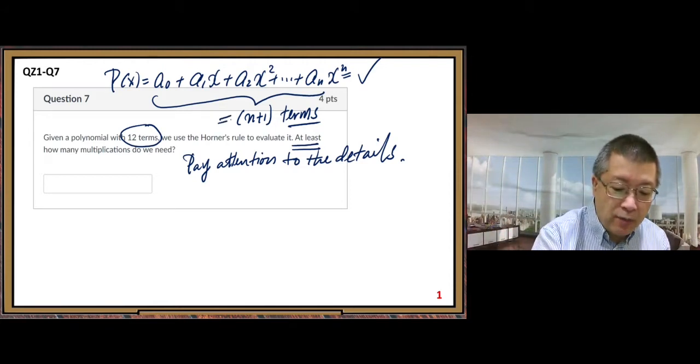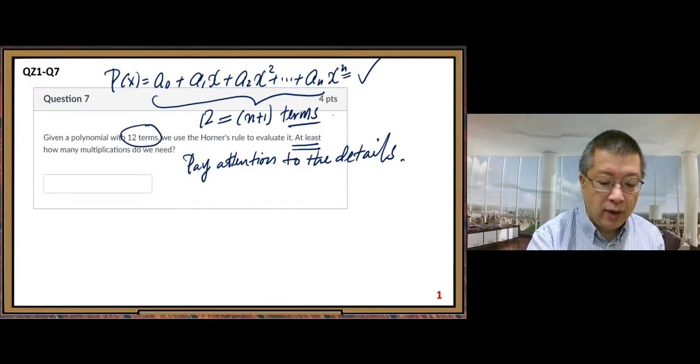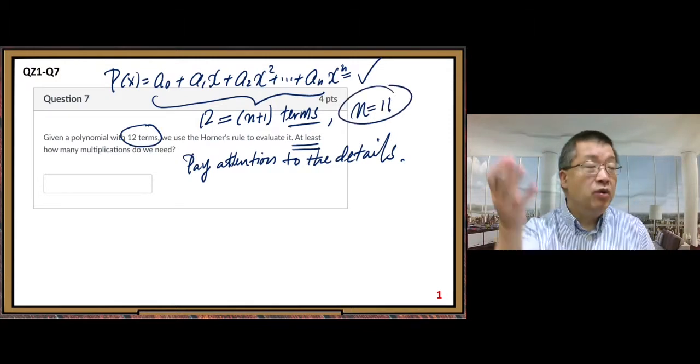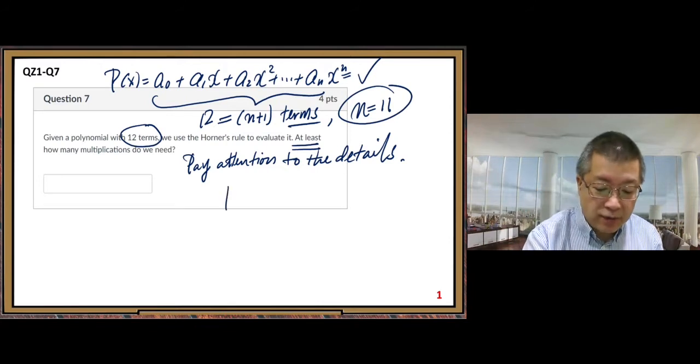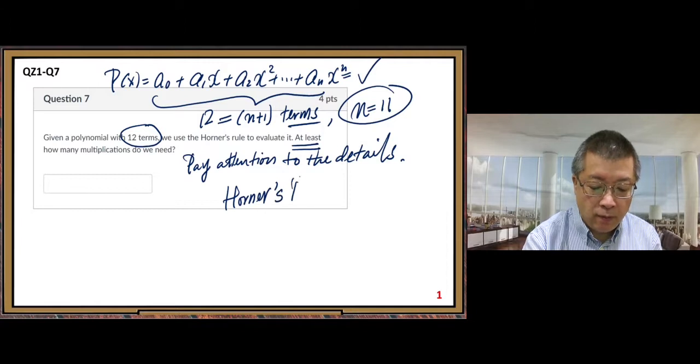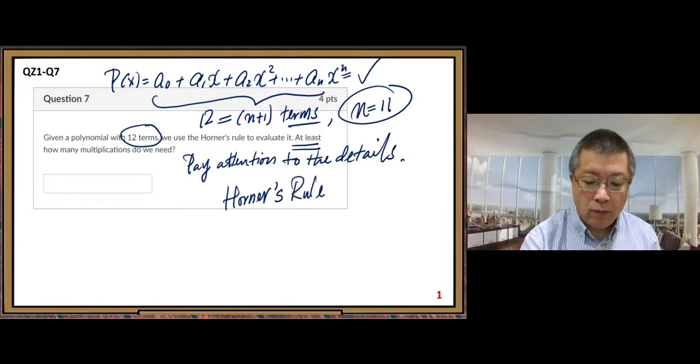If this number equals 12, then n equals 11, right? N equals 11. And based on Horner's rule, we need n multiplications, right?